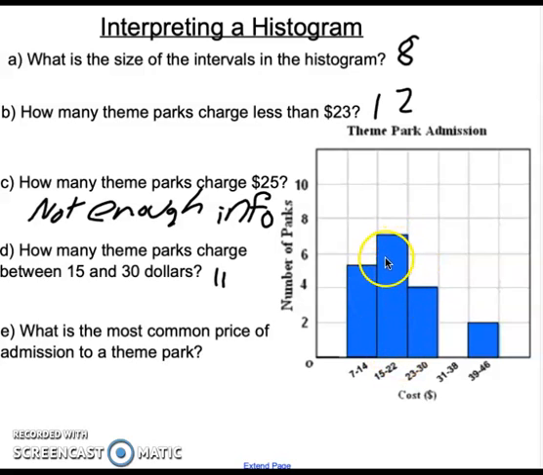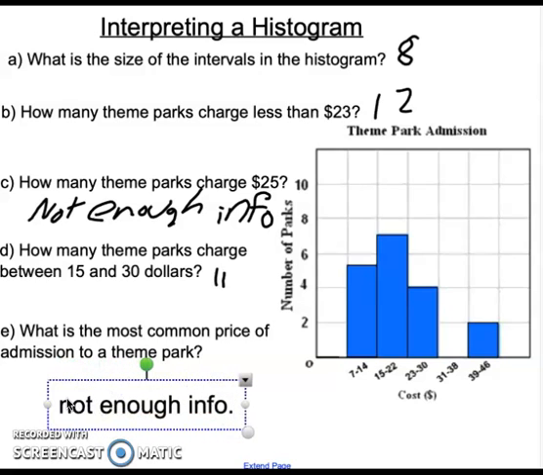These could be scattered around between 15 and 22, or maybe everything in this interval is $10, for instance, which would make that the most common. So I don't know what these specific data points are, and I can't tell what the most common price of admission is. So again, for that one, I have to put not enough info.